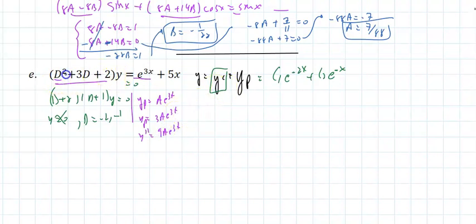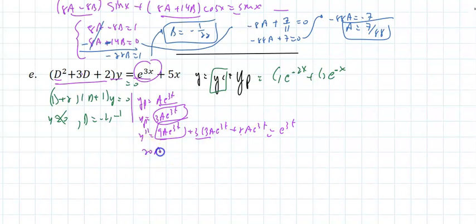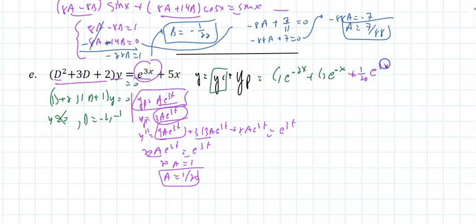So if I take two derivatives, that's this, plus 3 times, plus 2 times, I should get e to the 3t, meaning 9 and 9, 18, 20. 20a e to the 3t must equal e to the 3t, so 20a must be 1. I know that a is 1 divided by 20. Got it. Plus, there's the solution, 1 over 20 e to the 3x.